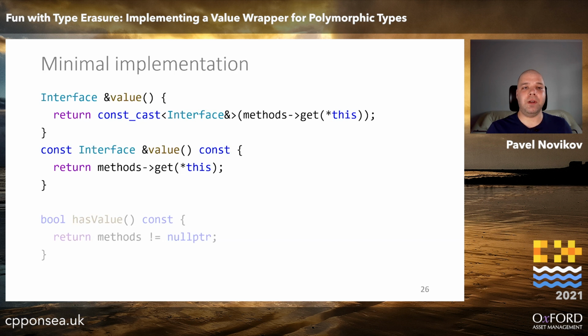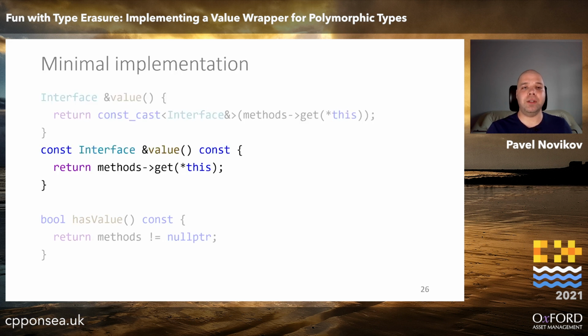We have access functions through which we access our underlying object. For the mutable, non-const version, we cast the constness of the reference away because it's safe to do this in this case, because we know that our object is not const, it's a mutable object.